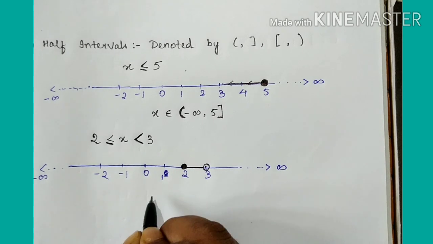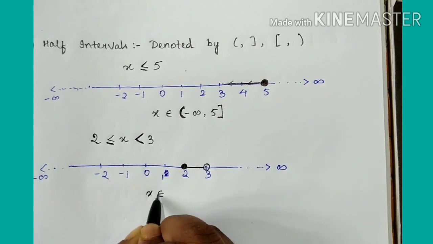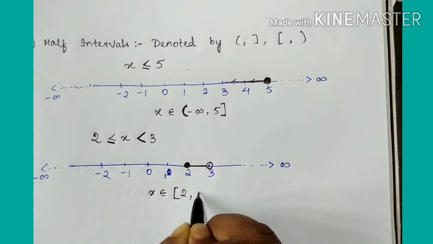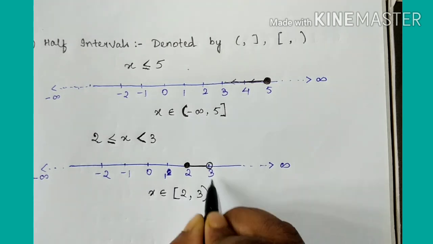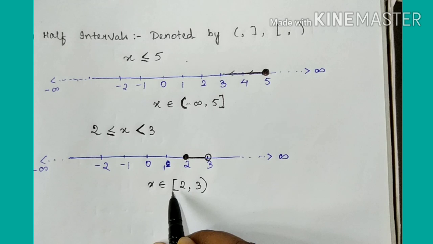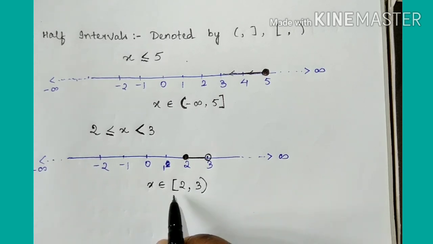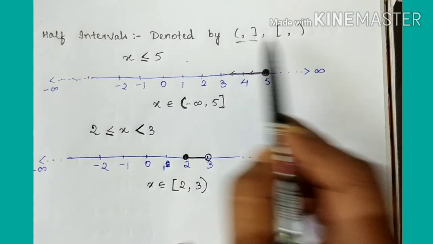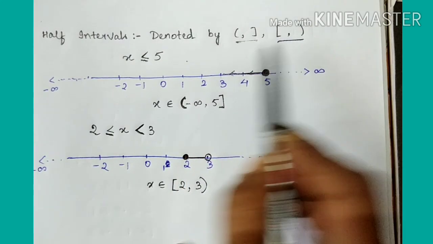So we will write it as x belongs to, since the point 2 is included, close bracket 2, comma 3 open bracket, since the point 3 is excluded. Here also one interval is closed and the other is open, so half closed and half open, so it is also an example of half interval. So for half interval, both this type and this type are considered.